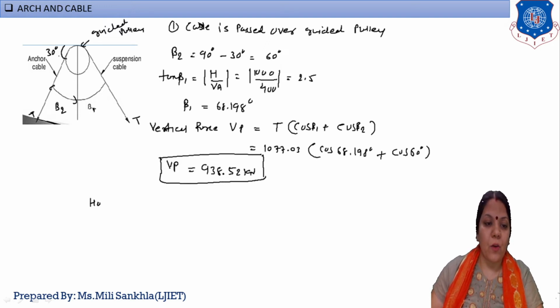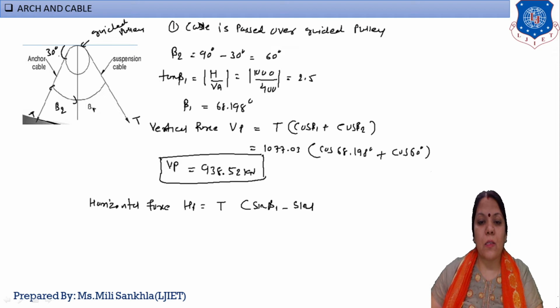Right here, horizontal force on pier, horizontal force HP is equal to T (sin beta 1 minus sin beta 2).